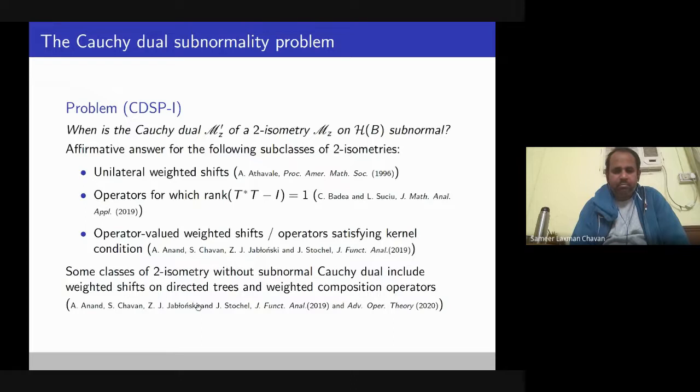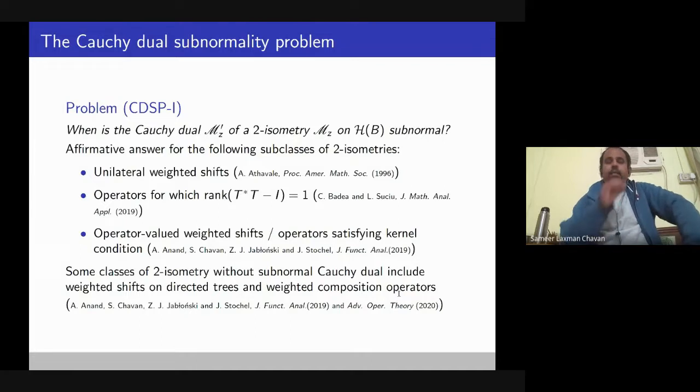These counterexamples are based on weighted shifts on directed trees. So you need to implement methods from graph theory to produce these counterexamples, and you can also do this using the theory of weighted composition operators on discrete measure spaces.